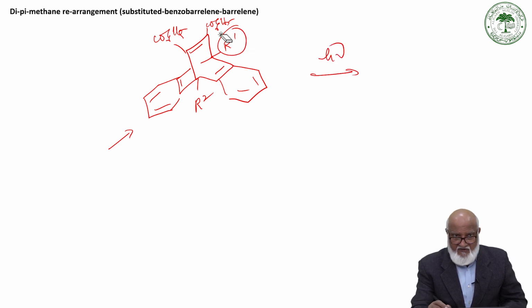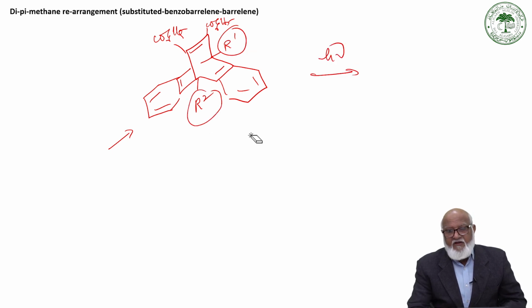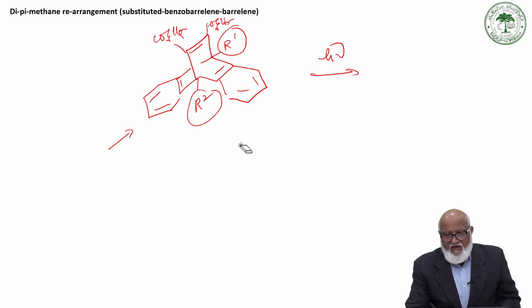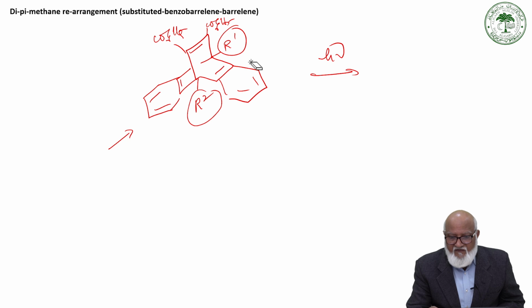A lot of detailed study has been done by the similar group, and at RRL Trivandrum as well as in IIT Kanpur, to see the effect of this di-substituent on the di-pi-methane rearrangement, whether it undergoes it and what is the role of this substituent.